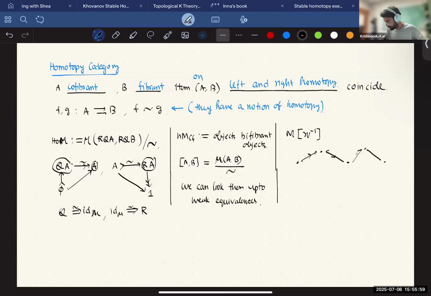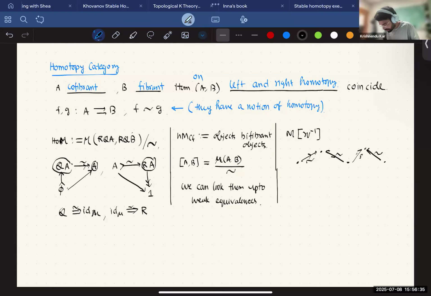This is a weak equivalence. So this thing is one arrow in this category. You're formally inverting all the weak equivalences. There's a classification property with the localization functor, just like the localization you use for rings, but I'm not going to write that down. The point I'm trying to make is that all these three constructions are equivalent.